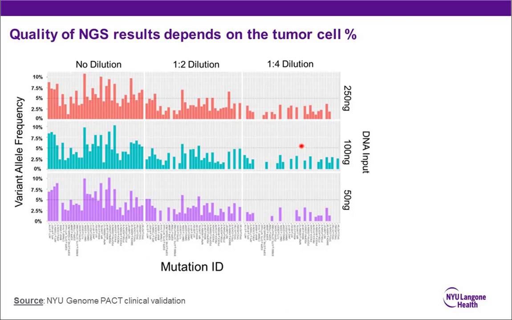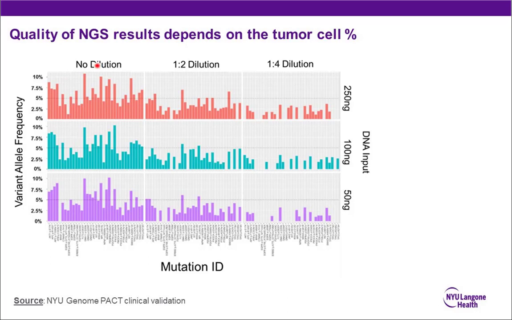The quality of NGS results highly depends on tumor cell percentage. This is just an example of one of our clinical validations where you can see a set of mutations. The font is probably too small for you to read, but it is a bunch of single nucleotide variants and small insertions and deletions at, I would say, the lower limits of detection, between 10% and 2.5–3%.